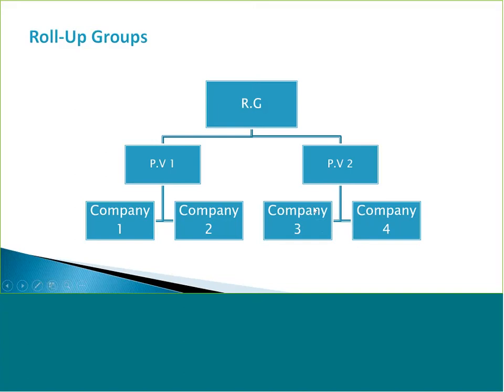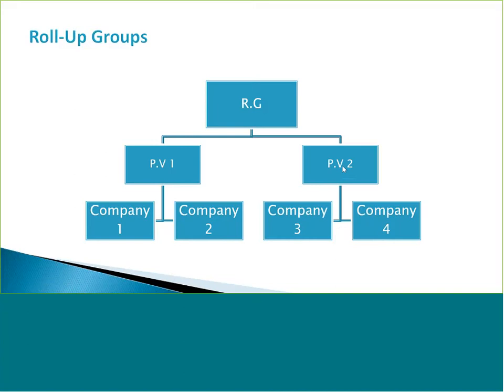Maybe they do stuff such as design and architecture, and all of them are under one enterprise. But these 2 design companies are more related than compared to these 2. So we put these 2 companies under one parent value, and we put these 2 companies under another parent value.